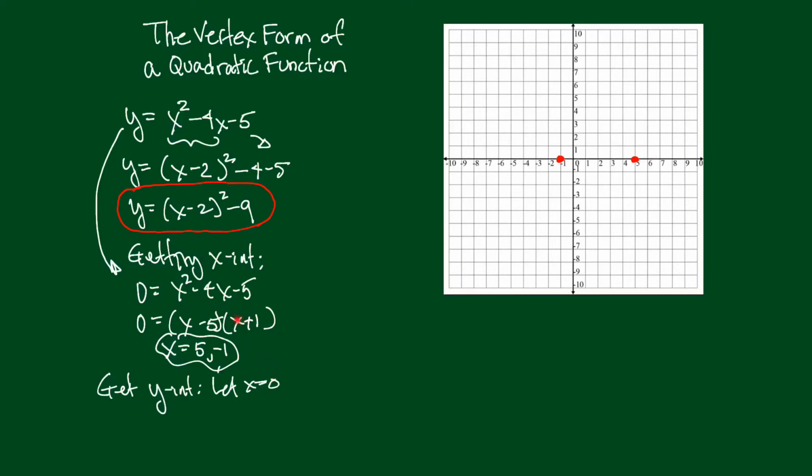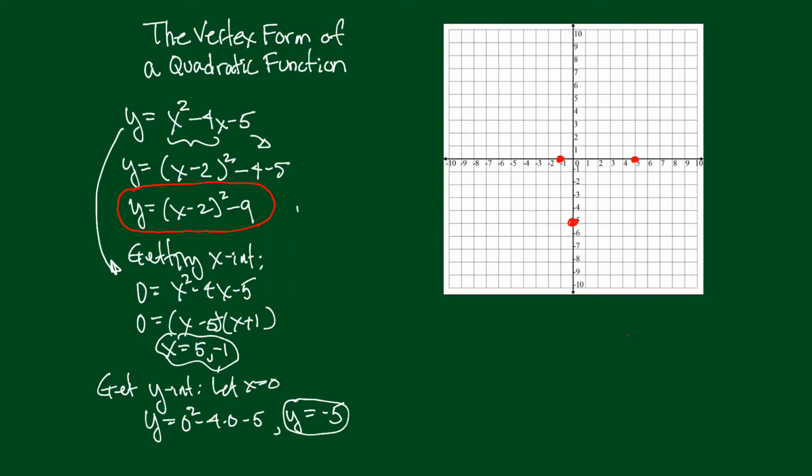I'll take 0, put it here, and that will give us that y is equal to 0 squared minus 4 times 0 minus 5. So we will get the y-intercept to be at negative 5. I'll circle that so I can find it. Now I'm going to put a point here at 0, negative 5. So 0, negative 5 is right there. Let's put a point right there.